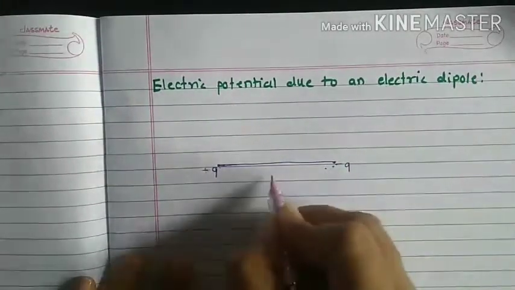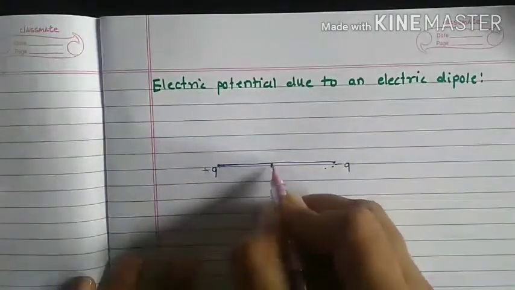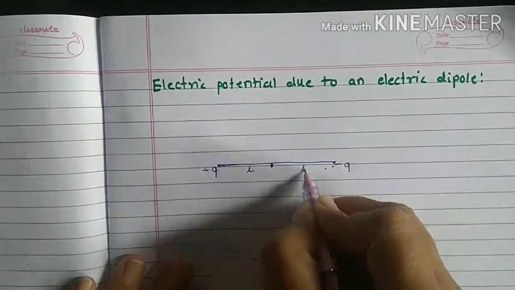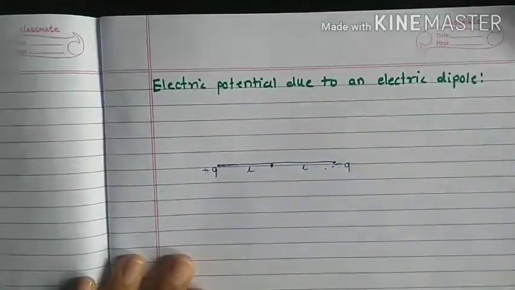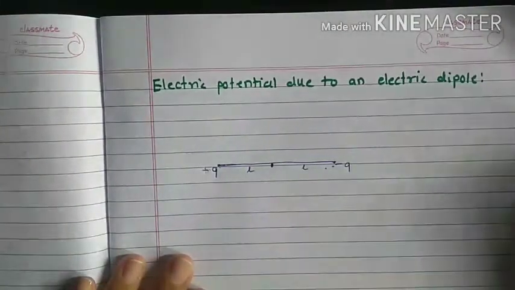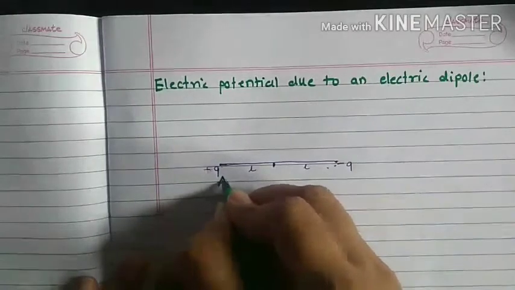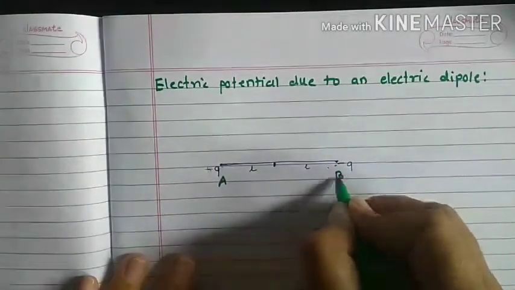The distance between both these charges is, suppose, 2L. Then from the center this distance is L and this distance is also L. Imagine this plus Q charge is present at point A and this minus Q charge is present at point B.